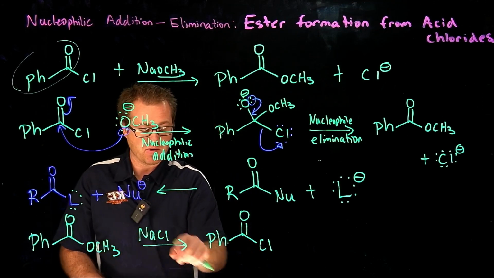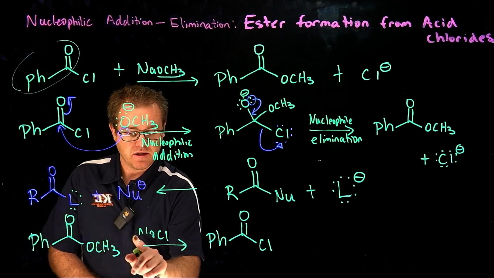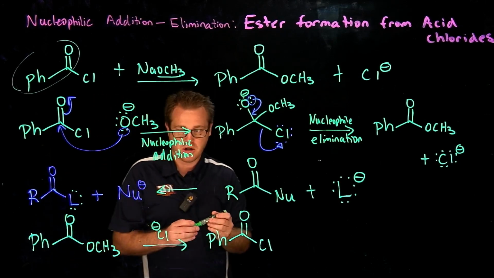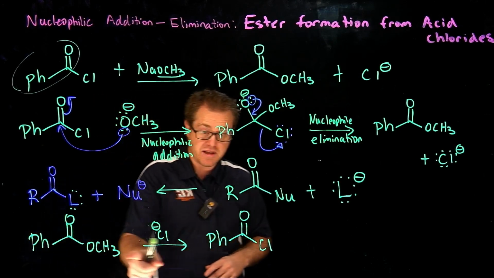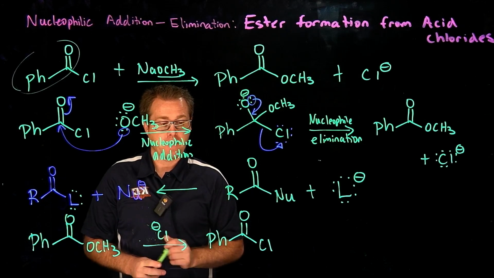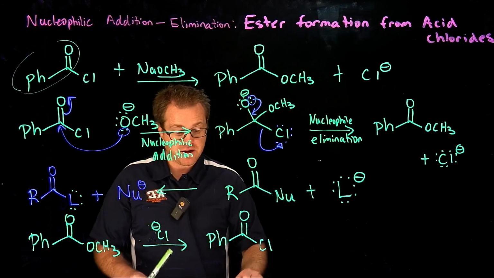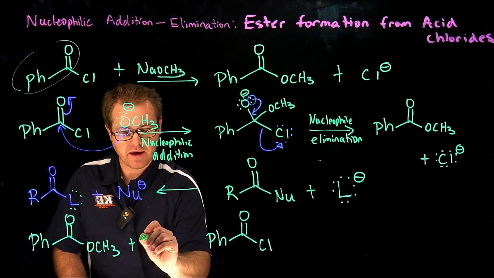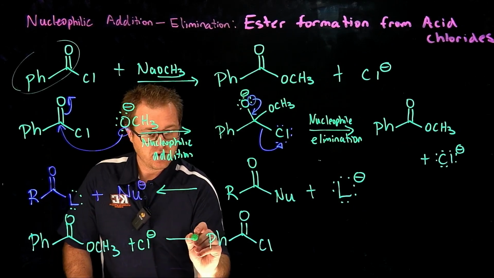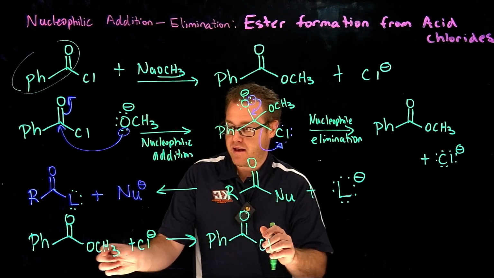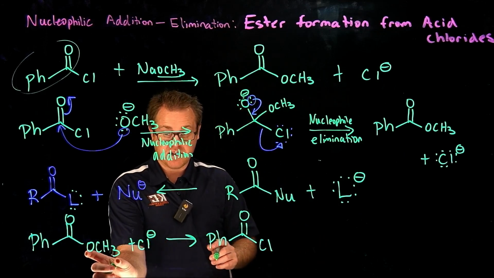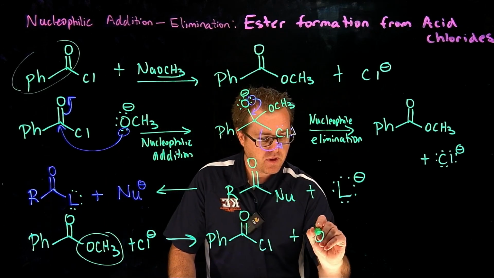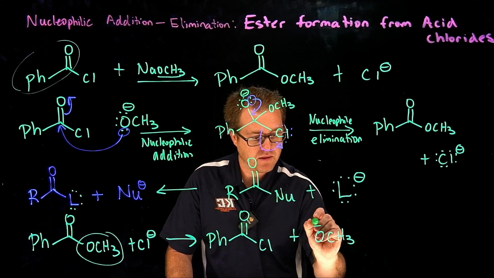Because remember, sodium chloride is an ionic species. So sodium is just a spectator ion, and that chloride is going to be negatively charged. Does this reaction work? Well, we have to take a look at the stabilities. So I'll put the chloride right here. And then what would have left? What's the leaving group? That right there would be my leaving group, CH3 minus.